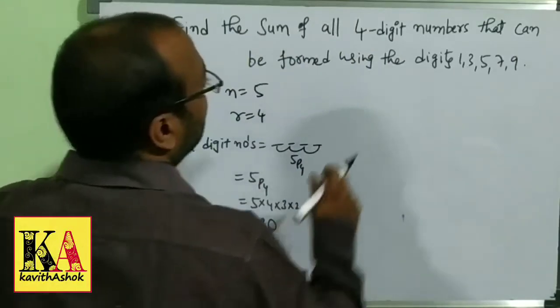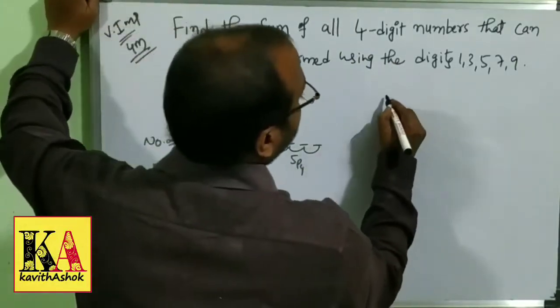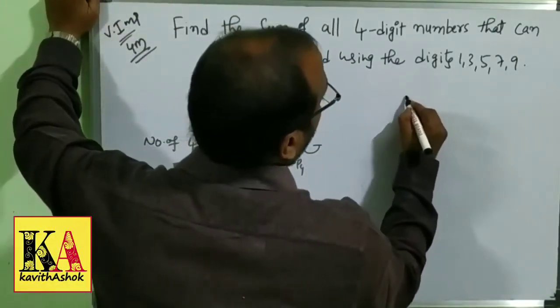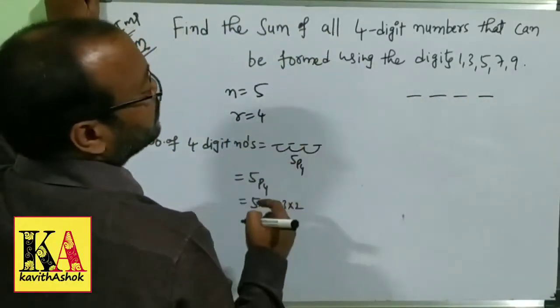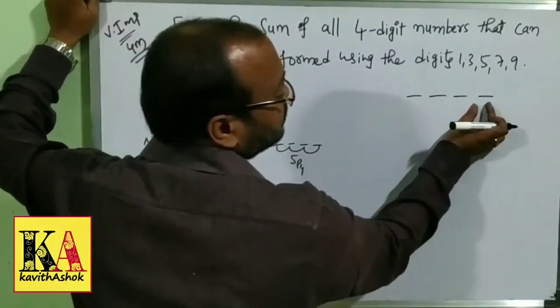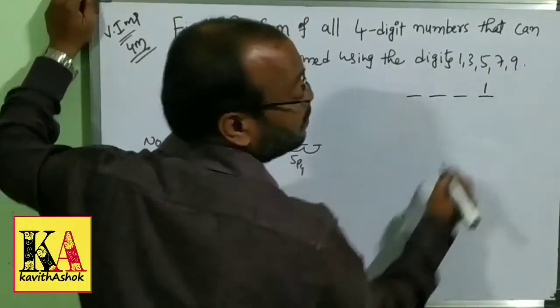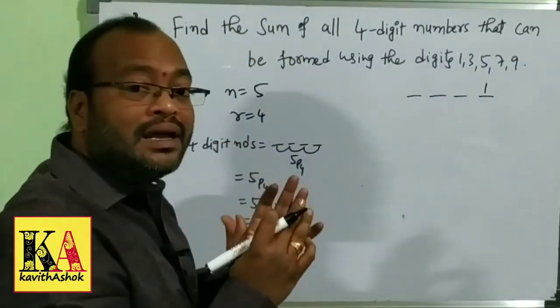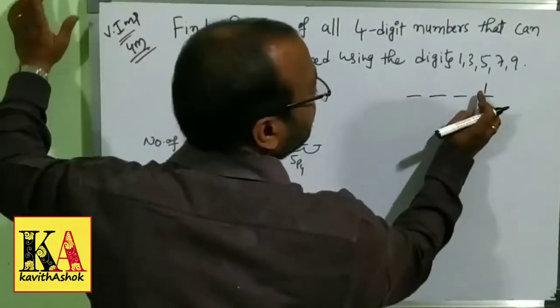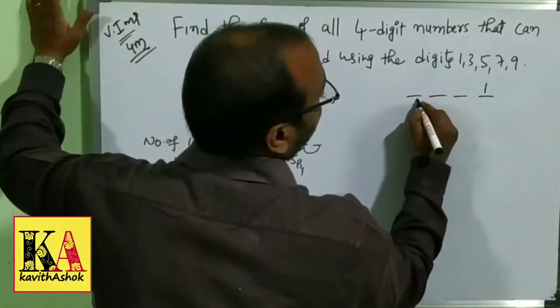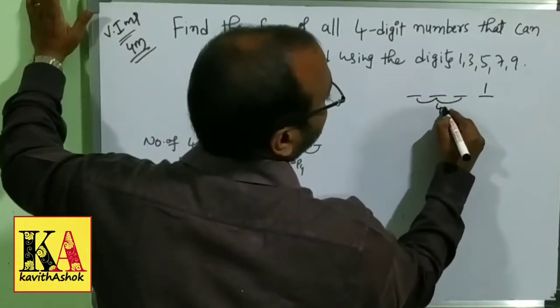Now first, 4 places are there. 4 places, why? Because it is a 4-digit number. In the unit place, first fix 1. Now we are calculating how many 4-digit numbers are there that end with 1. 1 fixed means 4 places are there, we will fill up with 4P3 ways.